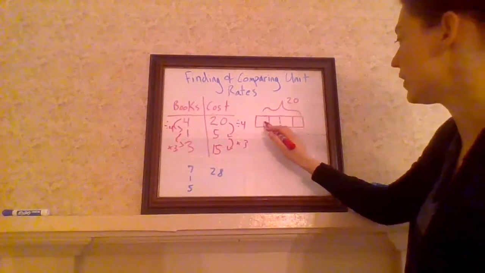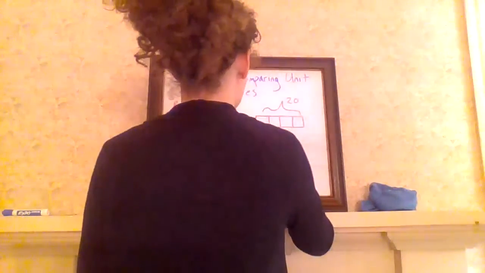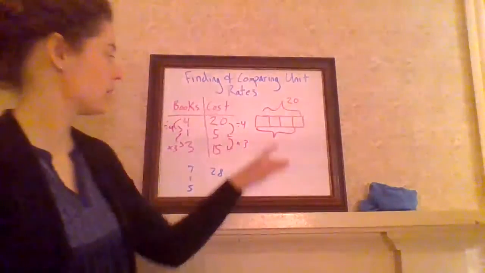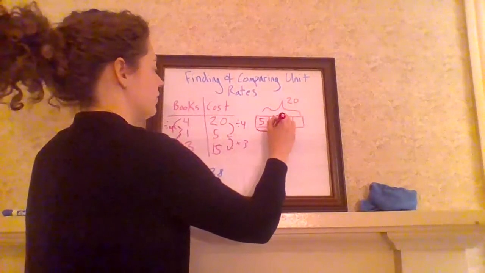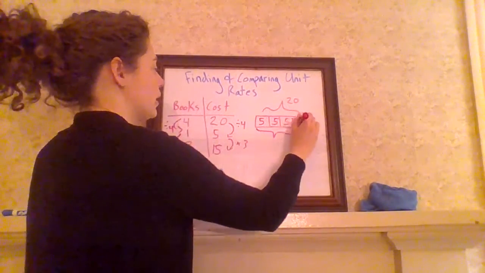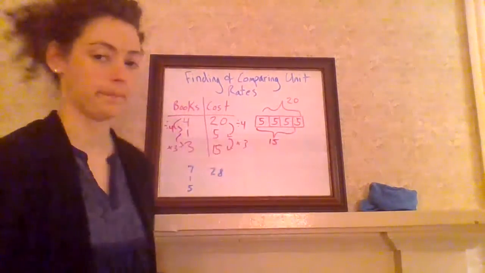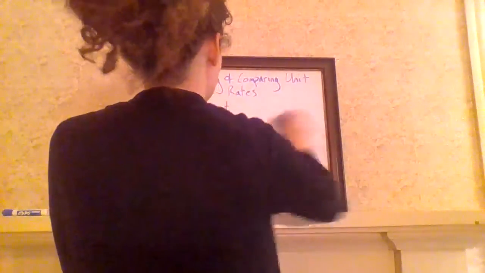We want to find out what 3 cost altogether. What we can do is find out what 1 costs. So we'll split this 20 up into 4 parts, which gives us 5 for each book, and then 3 of them together are 15.